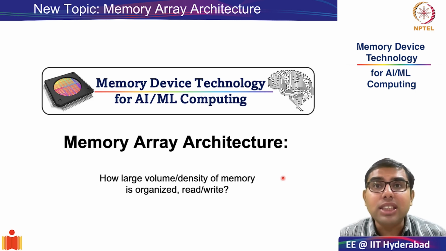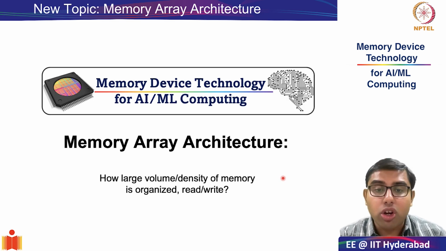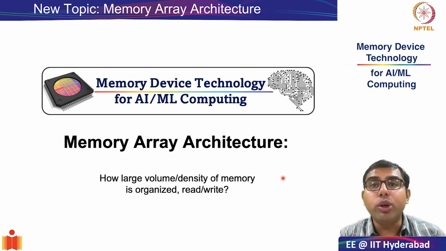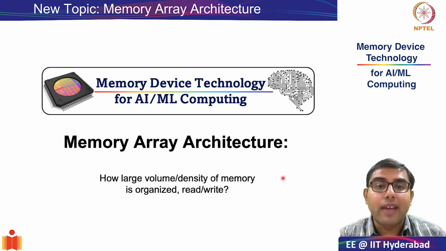But as we had discussed, before we deep dive into individual memory elements, it may be worthwhile to look at a very important topic which gives us a holistic view of how memory design happens. And that is the topic that we will start today. It's a new topic on memory array architecture.